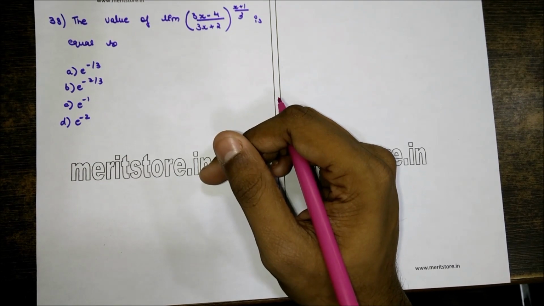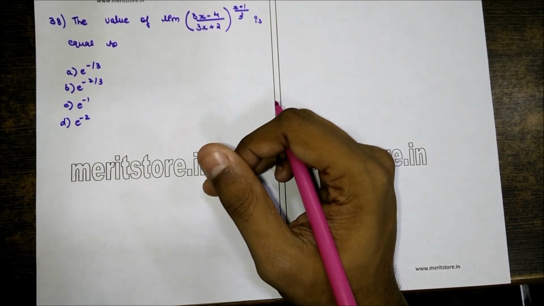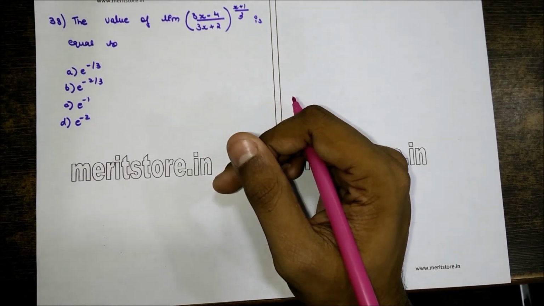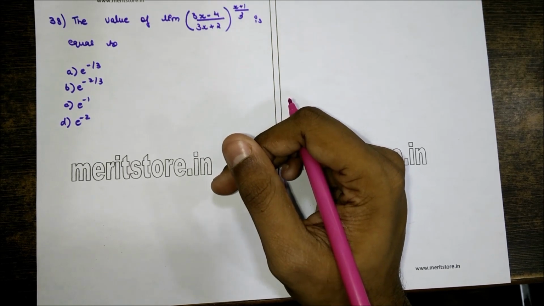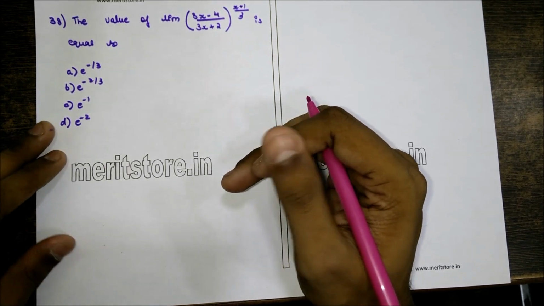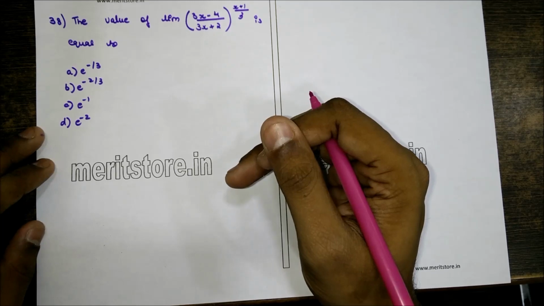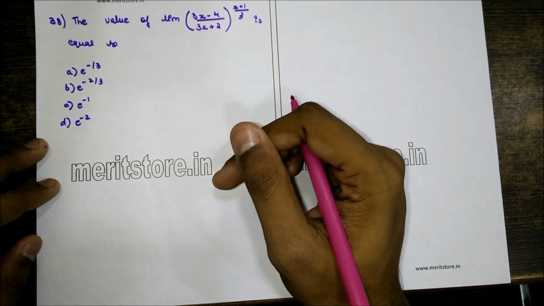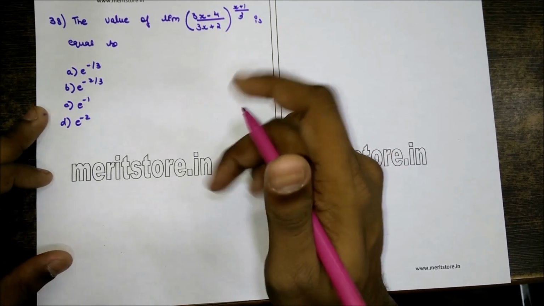The value of limit of (3x minus 4 upon 3x plus 2) raised to (x plus 1) by 3 is equal to: a) e raised to minus 1 by 3, b) e raised to minus 2 by 3, c) e raised to minus 1, or d) e raised to minus 2.